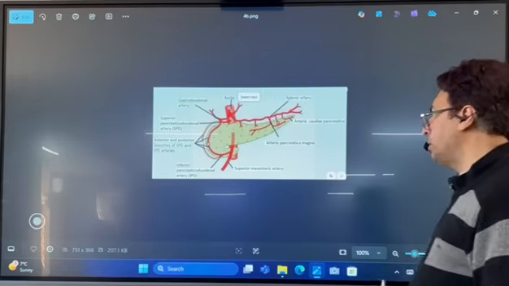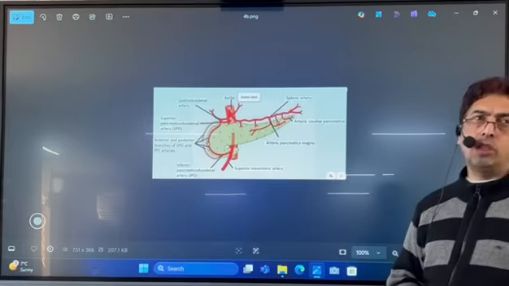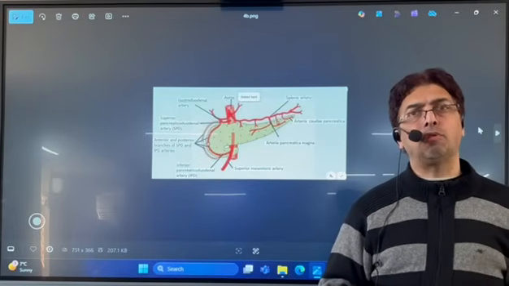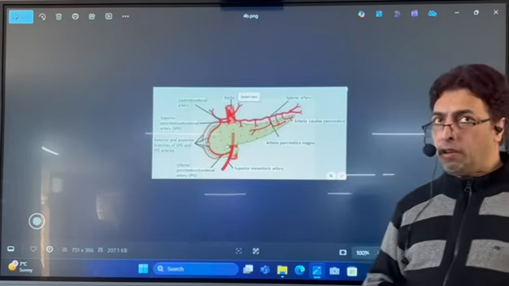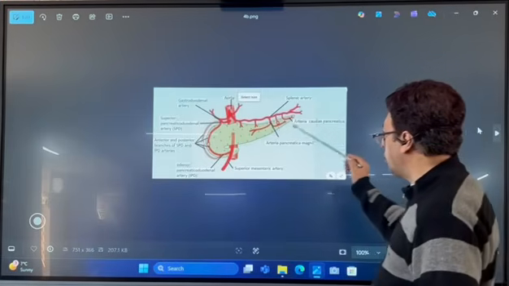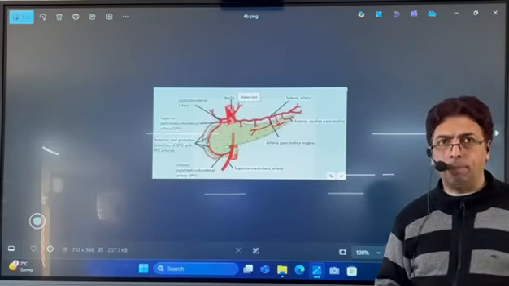But over here, let me put it concisely: there is one vessel, the splenic artery, a branch of the celiac trunk. From the splenic artery, certain branches arise along the course of the pancreas. They give blood supply to the pancreas.